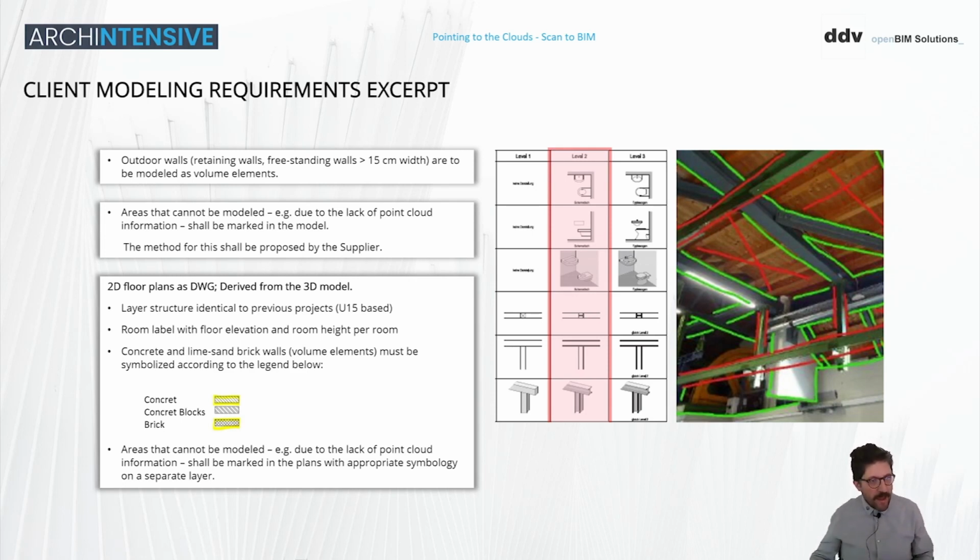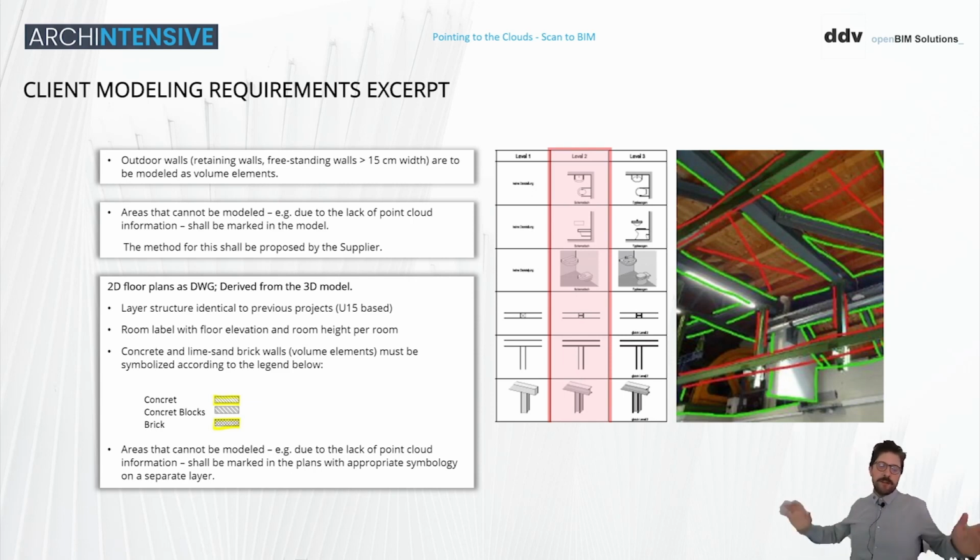Okay. And also here, another requirement regarding those elements that have some kind of lack of point cloud information. So they require us to mark in the plans with an appropriate symbology on a separate layer or color, or something that you agree with your client.